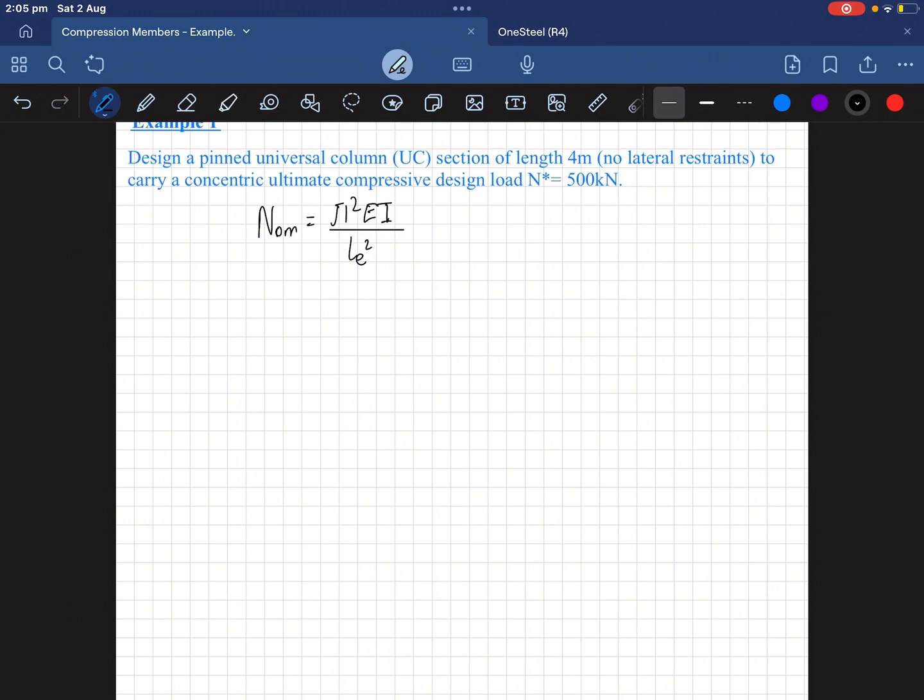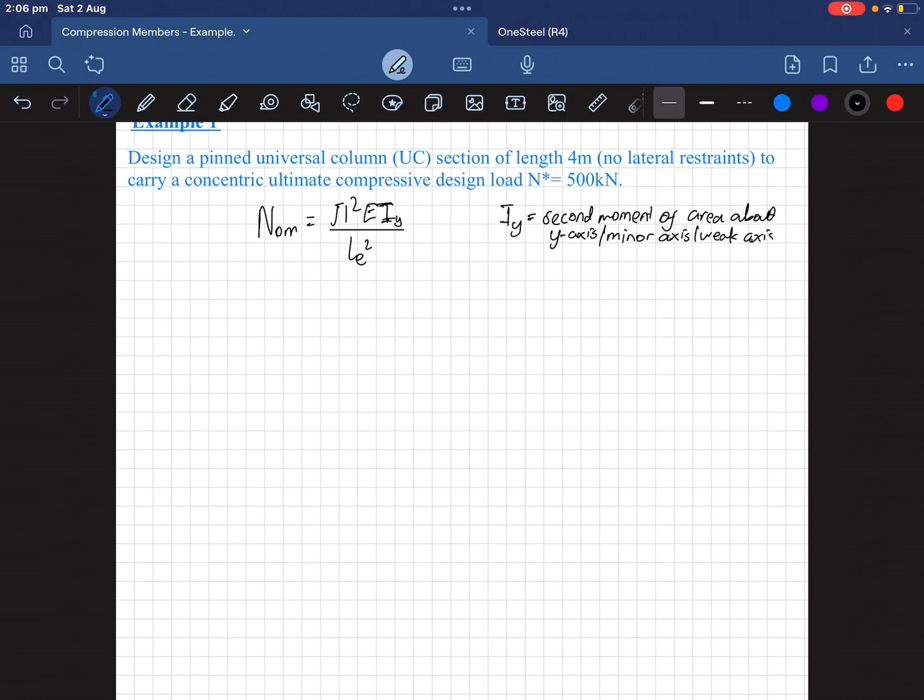Now you have to make sure that this moment of inertia here is actually Iy, which is the second moment of area about the y-axis, or commonly referred to as the minor axis, or the weak axis.